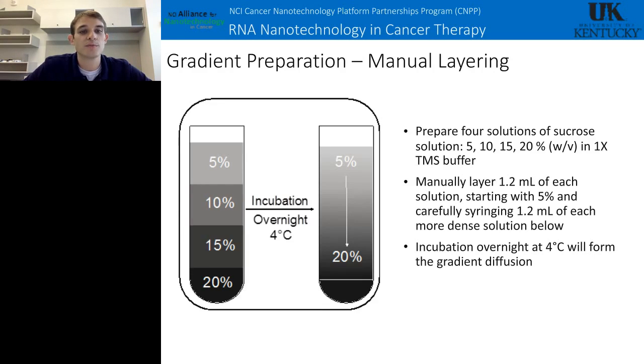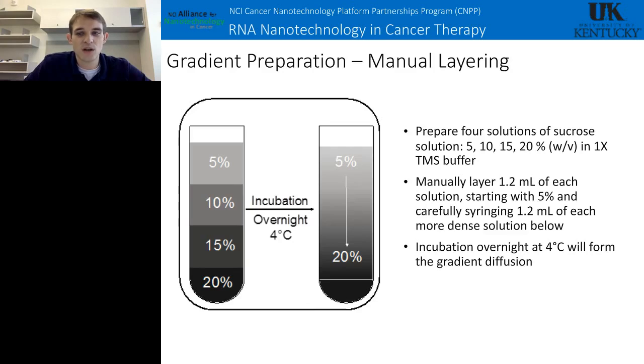You will put your 5% solution in first, and then you take a syringe with a long needle, put the needle to the bottom of the tube, and slowly syringe in another 1.2 milliliters of your 10% solution. This 10% solution will then go to the bottom beneath the 5, and then you repeat this twice with the 15 and then with the 20.